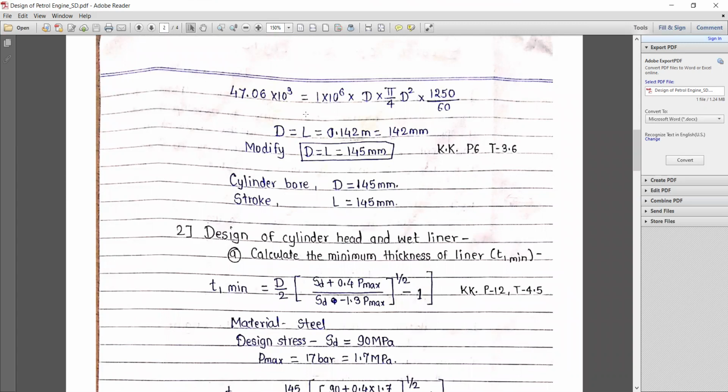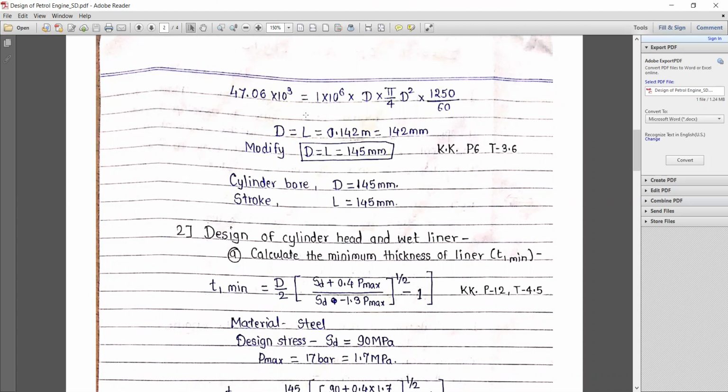Based on the indicated power, IP of 47.06 into 10 raised to 3, we are able to find the diameter of the cylinder. So D is equal to 0.142, that is 142 mm. We can modify it to 145 mm, the nearest standard value of diameter available.